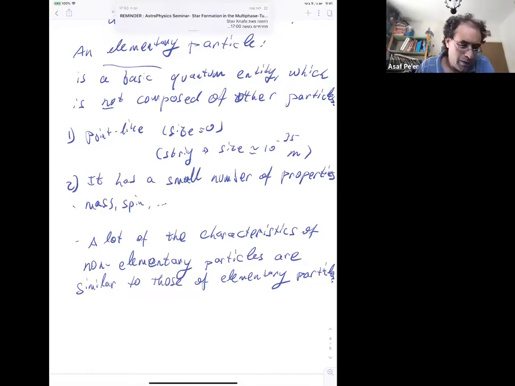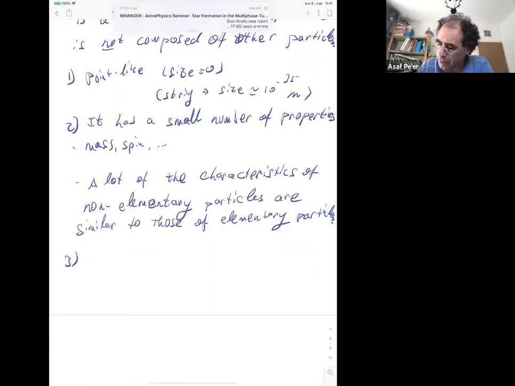Theoretically, we said that every particle is really a quantum state, which is characterized by a quantum number.